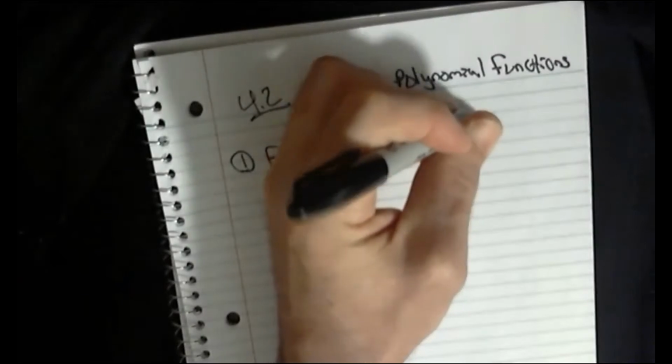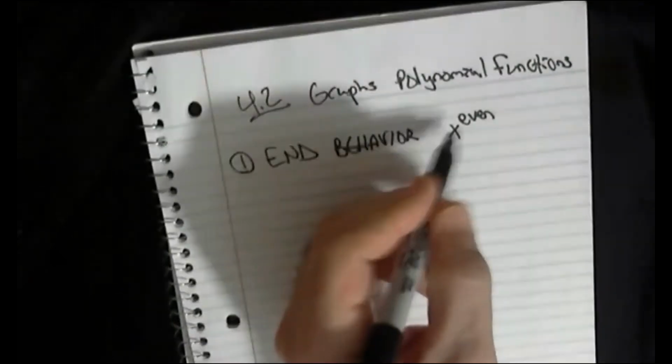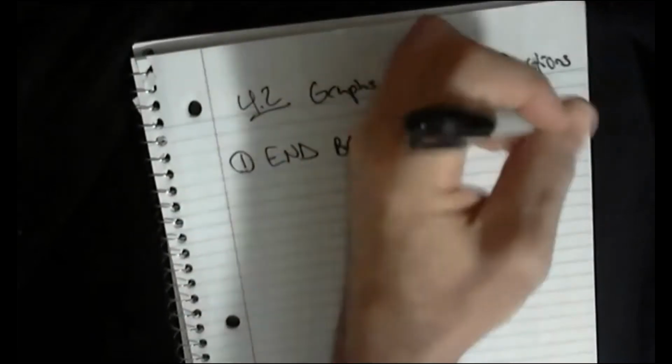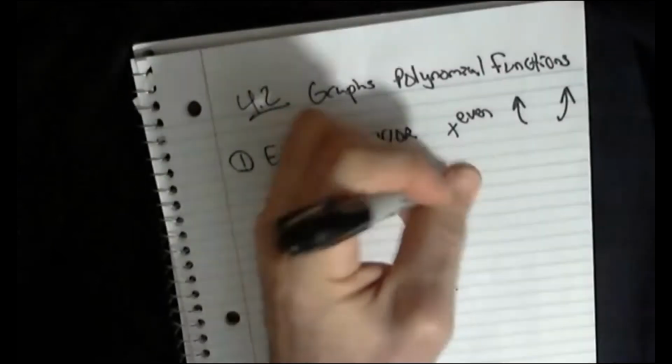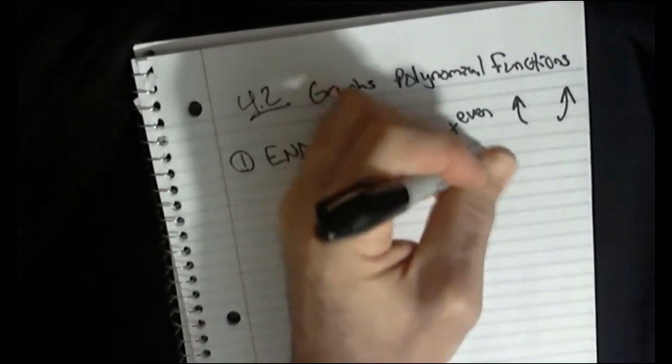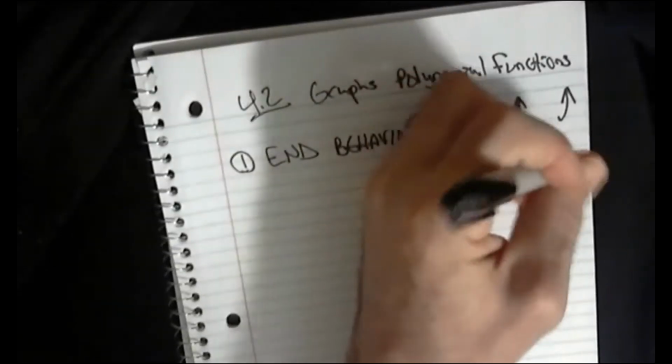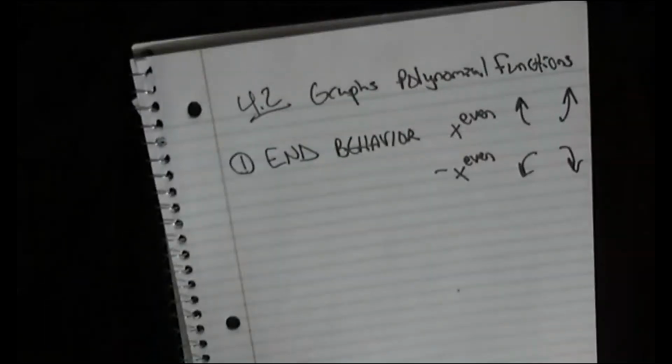Okay, so remember, even powered functions, if it's a positive even powered function, your end behaviors are both going to go up. If you have a negative even powered or even degreed polynomial, then your two end behaviors are going to go down.